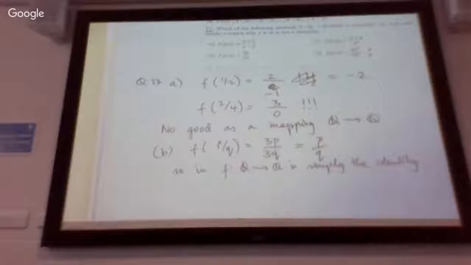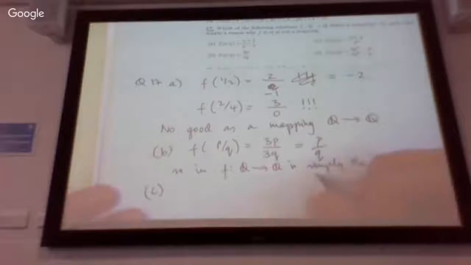And what about C? Good or bad on C? It won't work. Have you got a counterexample? Using a half and 2 over 4.